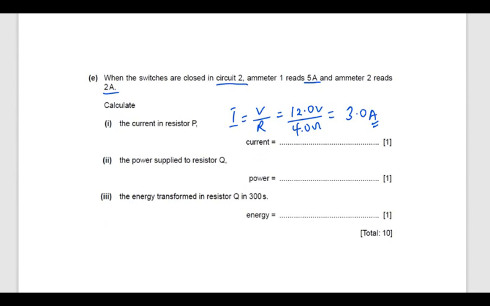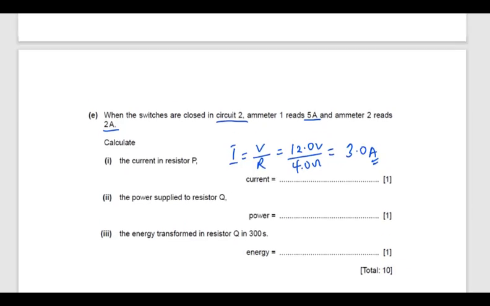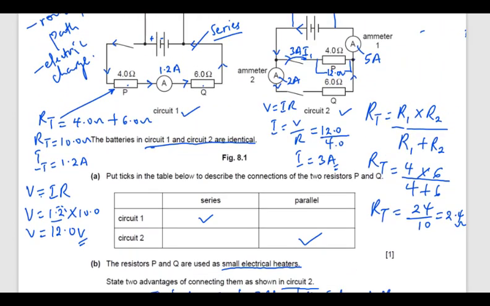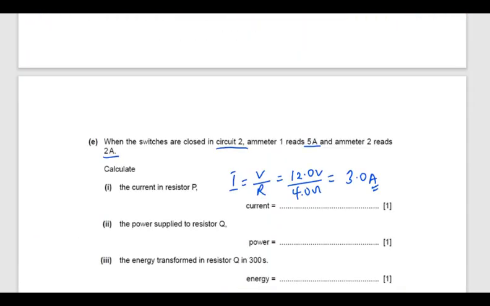So the next question: the power supplied to resistor Q. We are asked to find the power supplied to this resistor Q. Remember that the current flowing through resistor Q is 2 amps and its resistance is 6 ohms. Let's write that out first.